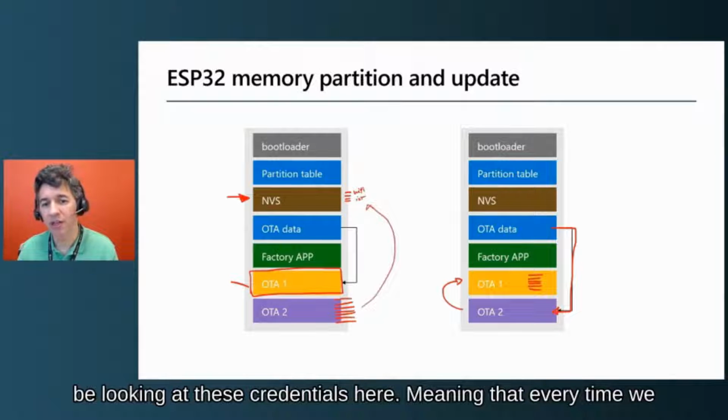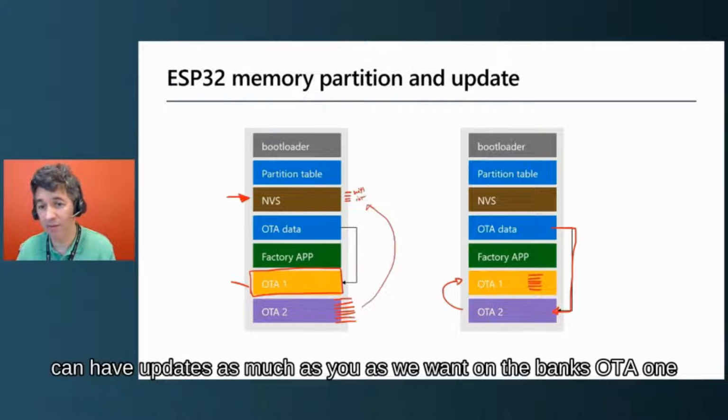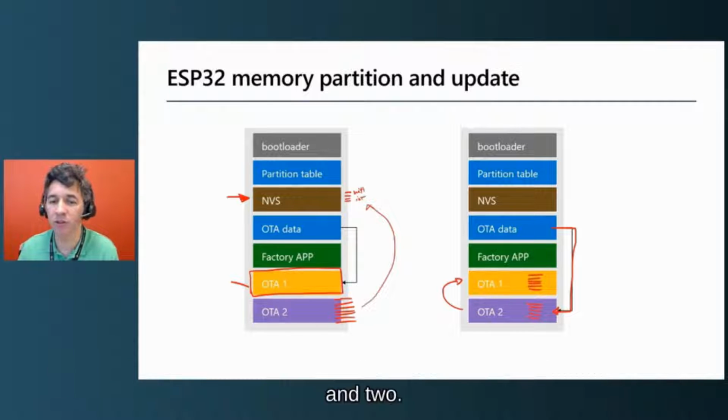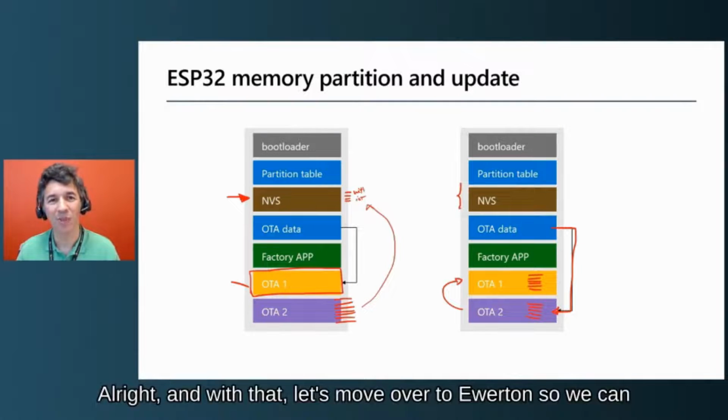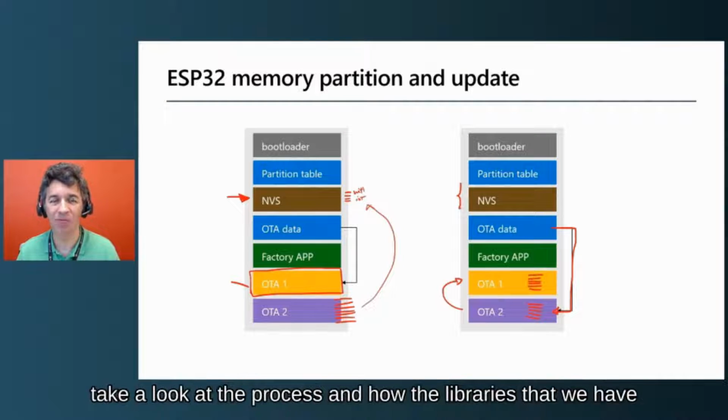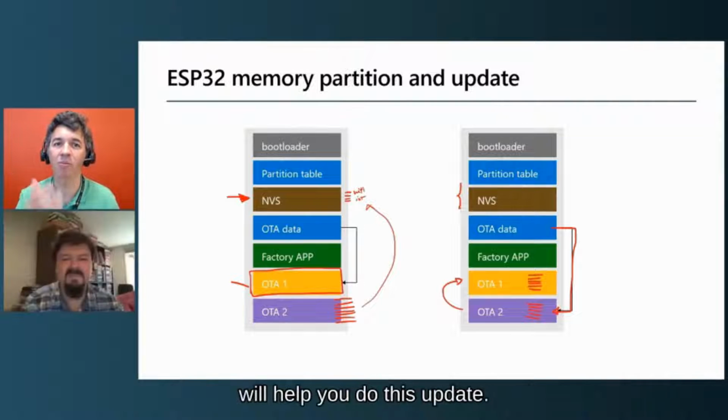That way we can have updates as many times as we want on the banks OTA 1 and 2, and these credentials living here won't be erased. All right. And with that, let's move over to Ewerton so we can take a look at the process and how the libraries that we have will help you do this update.